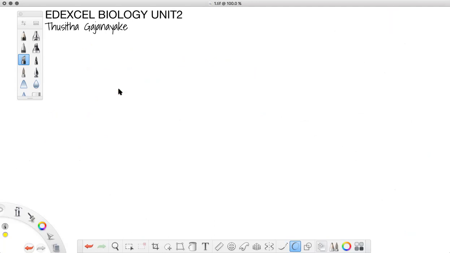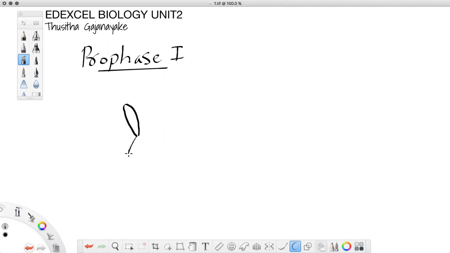Right, let's see what is happening in prophase 1. These are the homologous chromosomes.